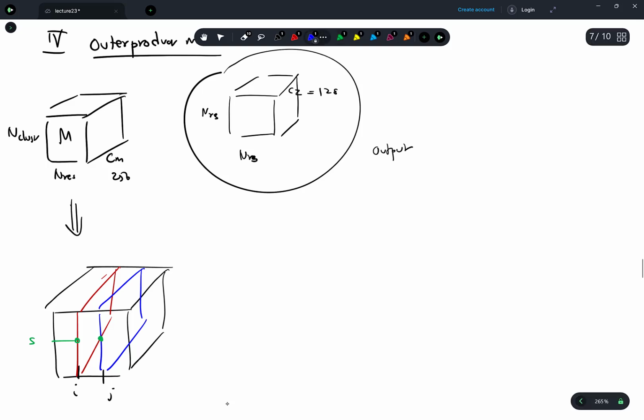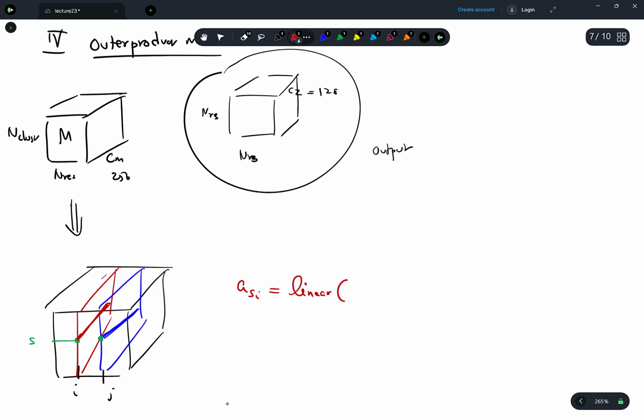So what I'm going to do is create, for m_si, a_si, which is a linear projection of m_si.